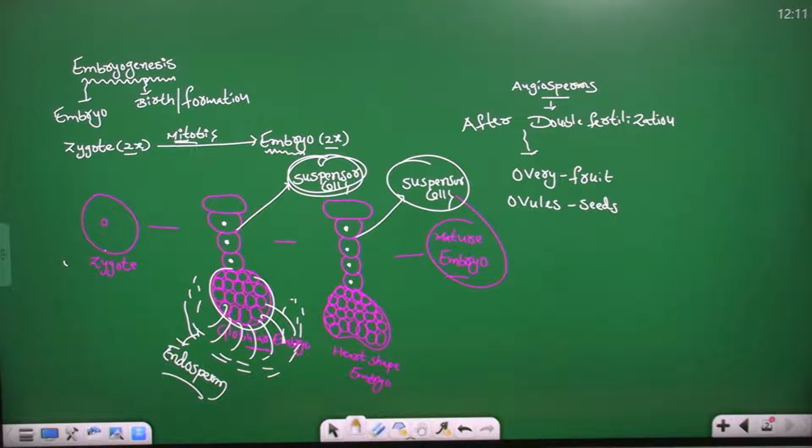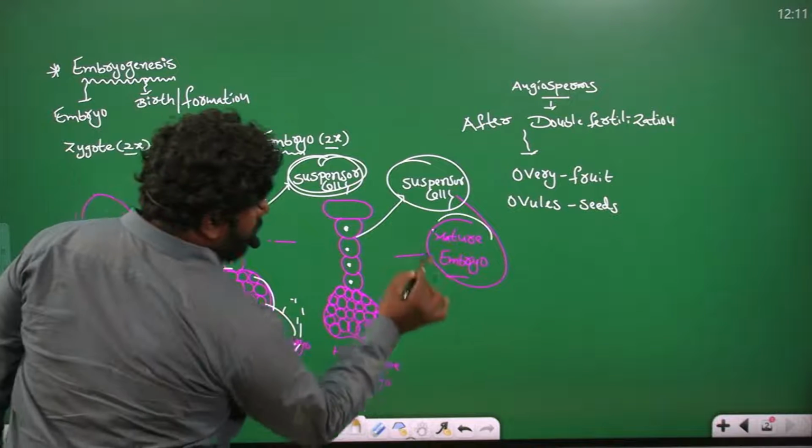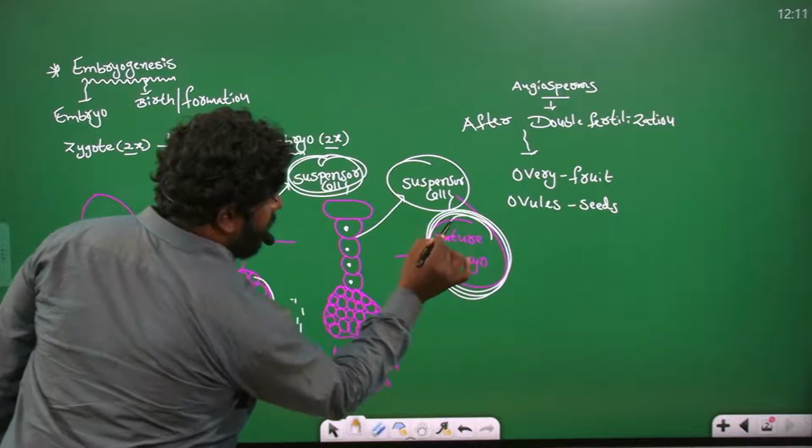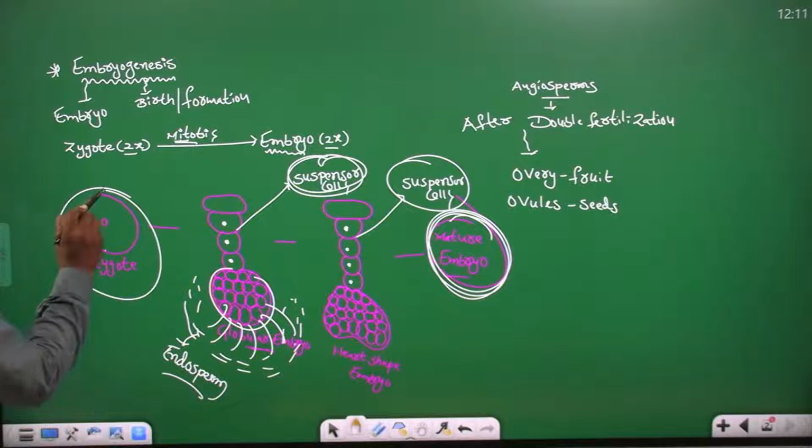Then the developing embryo will get nourishment from the endosperm. Clear? This process is called embryogenesis. Development of embryo from zygote, that process is called embryogenesis.